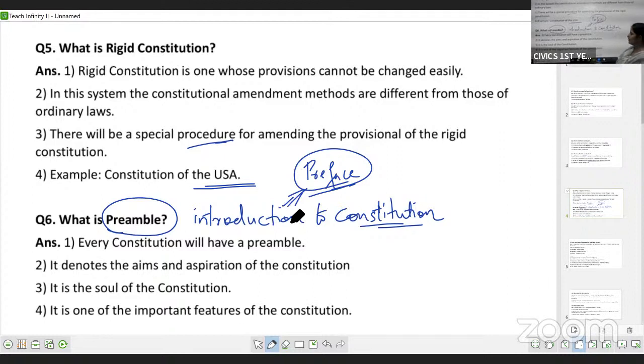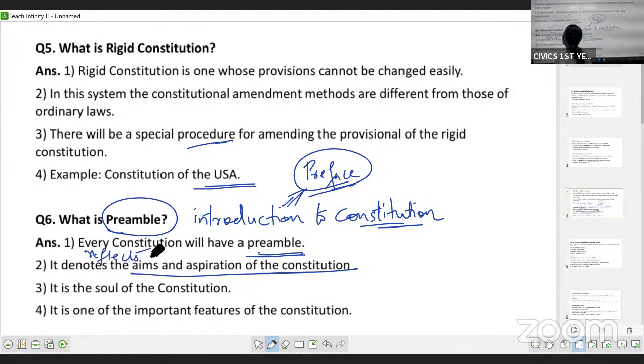Every constitution will have a preamble. Whatever may be the type of constitution, every constitution will have a preamble. It will reflect or denote the aims and aspirations of the constitution. Why is this constitution made? What is the objective of the constitution? That is reflected in the preamble.